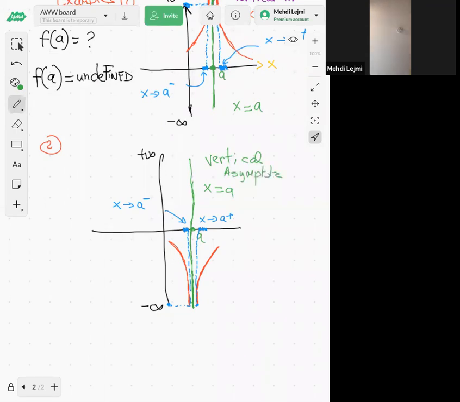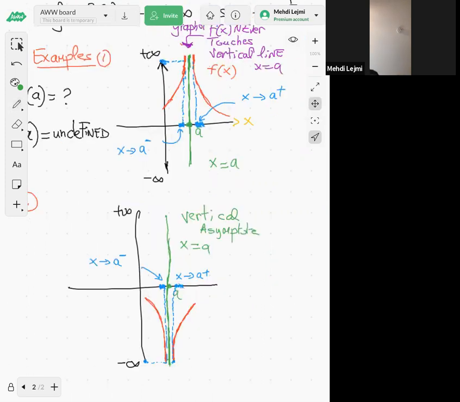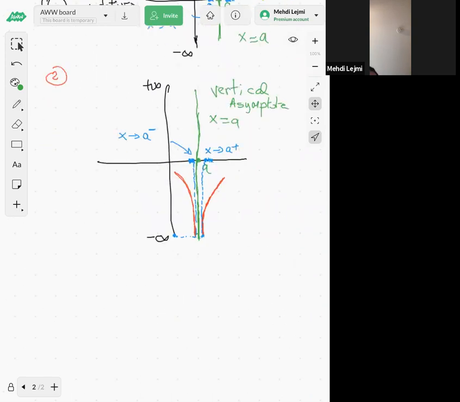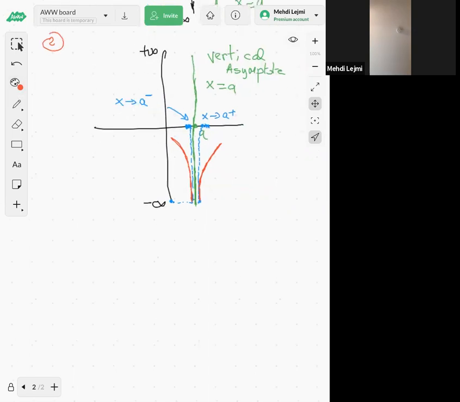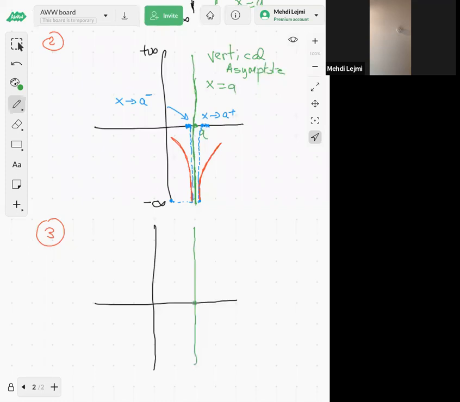All right. Well, you can also have a situation where on one side the values of the function are getting close to positive infinity, and on the other side the values of the function are getting close to negative infinity. So let's say we can have the following situation where this is again x equal to a. This is my a.